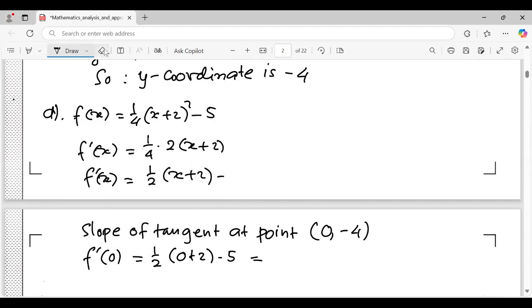There's no 5 here. So without 5, because the derivative of this function has no 5, just 1, so it is 1.